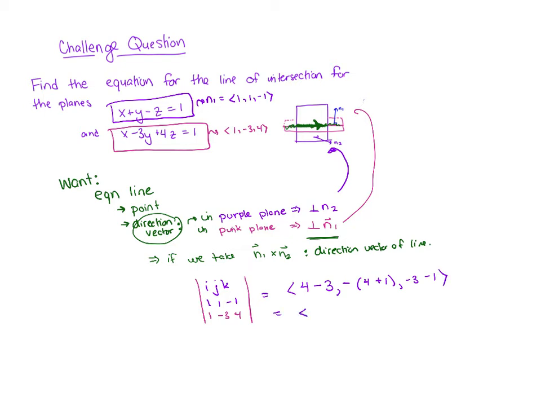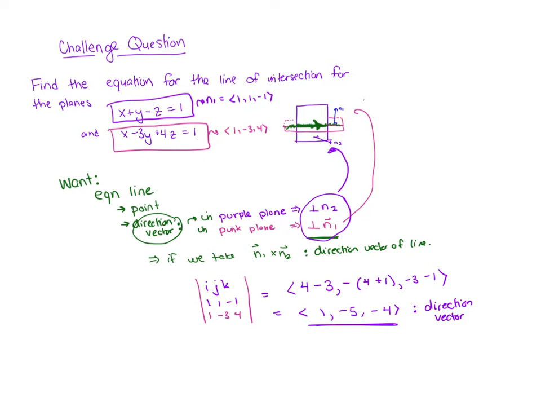So I get the vector 1, negative 5, negative 4. Okay, so I found the direction vector of my line, right? The vector which is orthogonal to both those other two vectors is the direction vector of that line. So this is my direction vector.